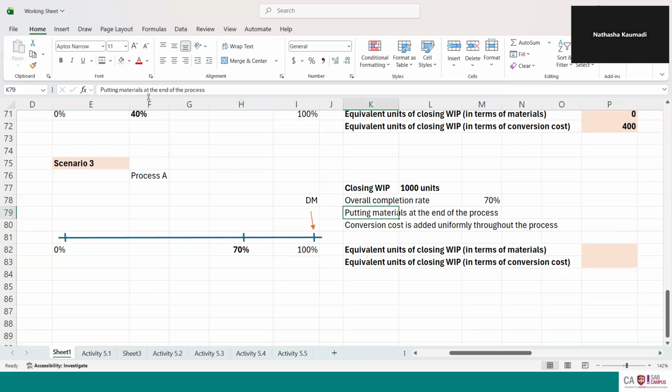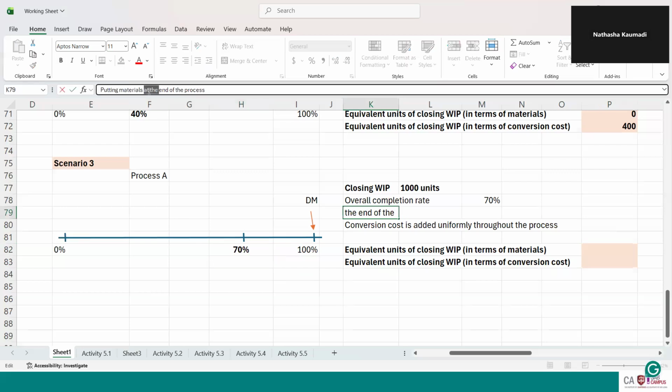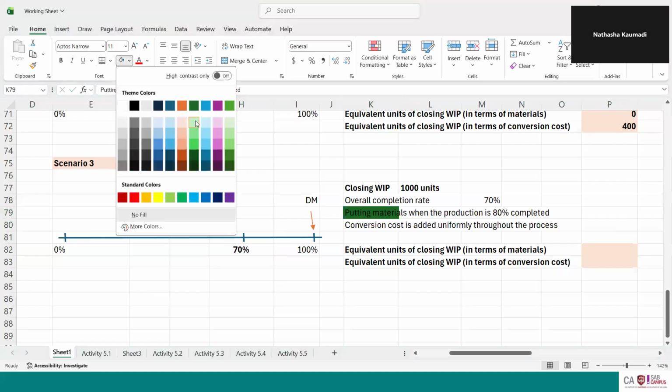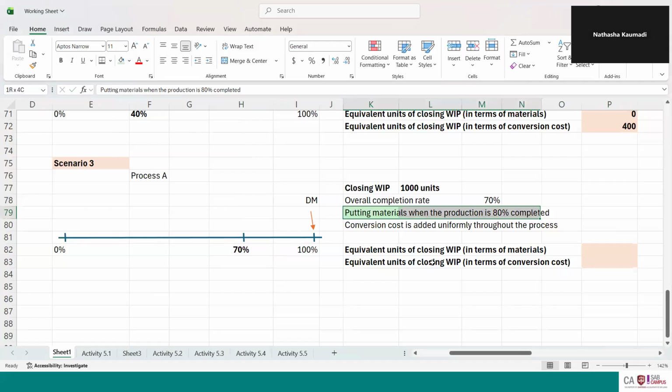Now my problem. If I change this, putting materials when the production is 80% completed. This is a new condition. Putting materials when the production is 80% completed.